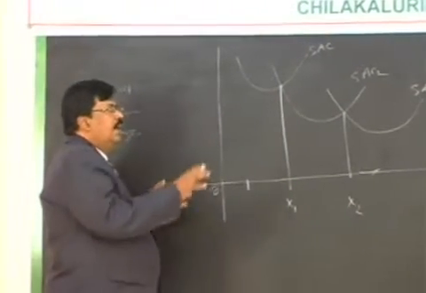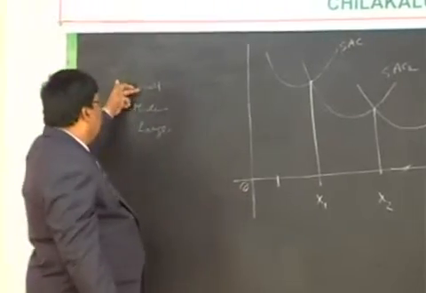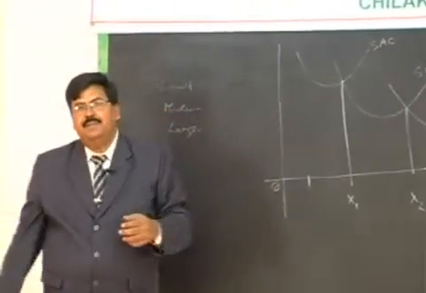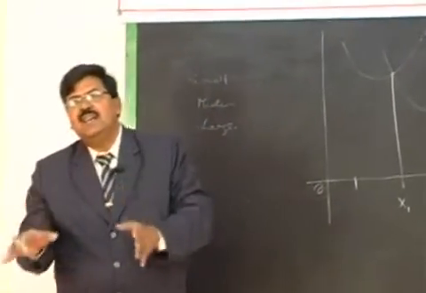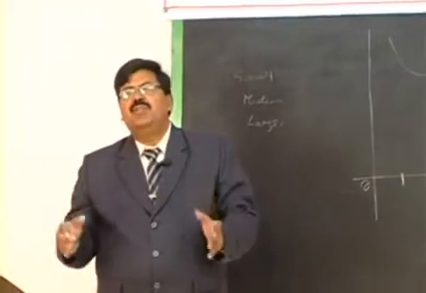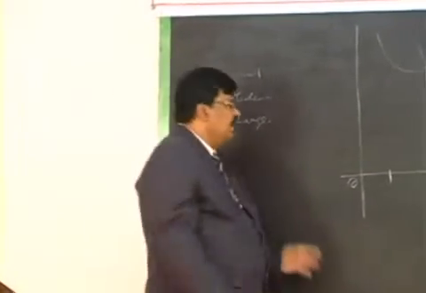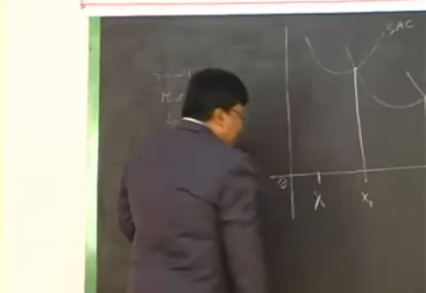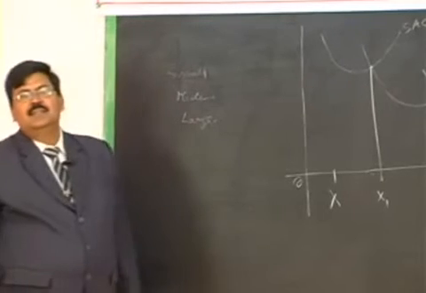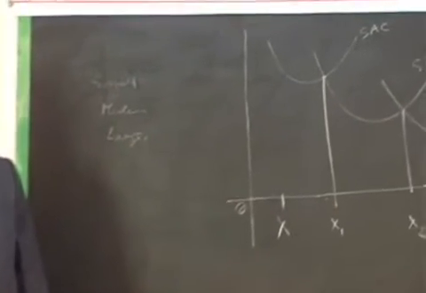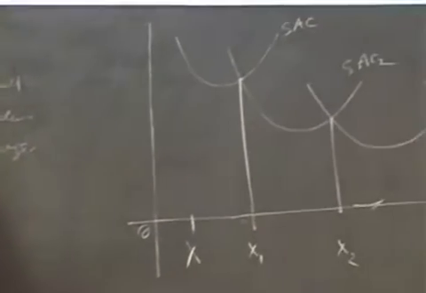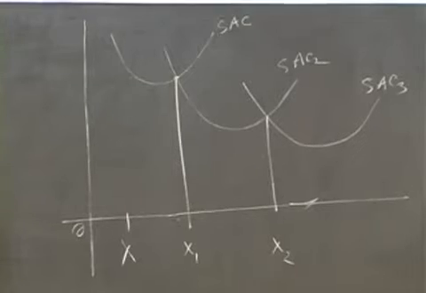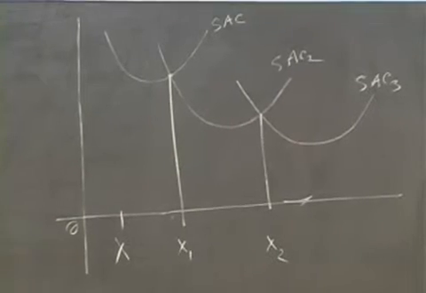Imagine he has three options: whether to go in for a smaller machine, medium machine or larger machine. Suppose the entrepreneur anticipates that the desired rate of output is OX. Suppose that is the profit maximizing or required rate of output for this particular entrepreneur.